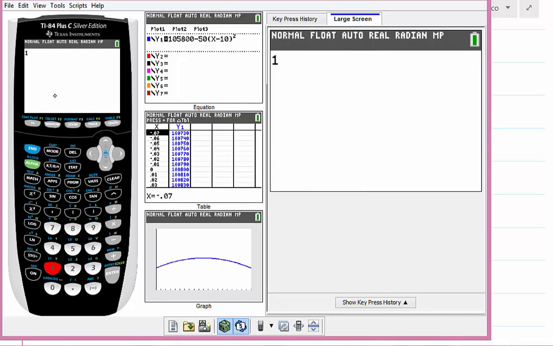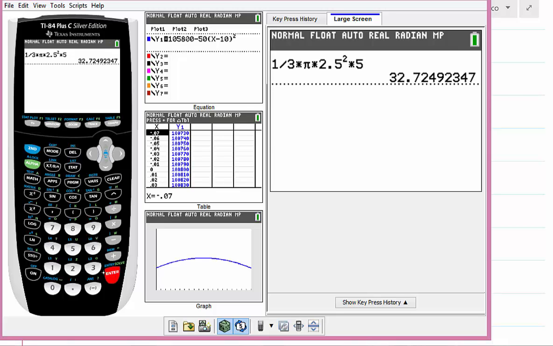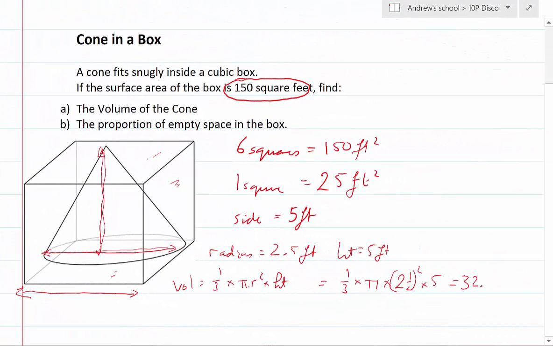So 1/3 times pi times 2.5 squared times 5 gives 32.725 cubic feet.